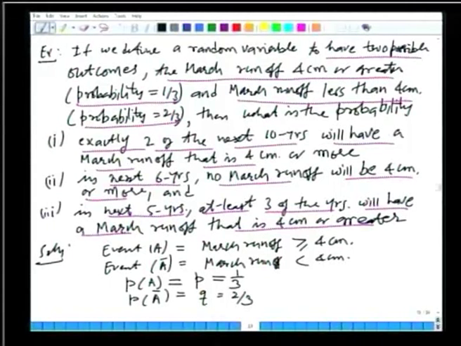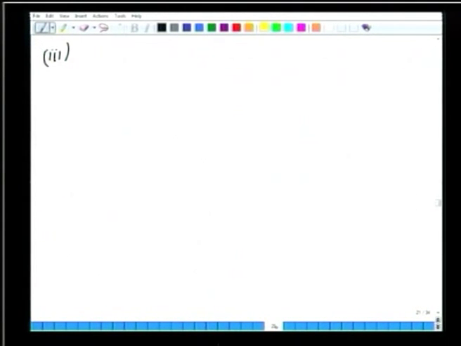So, what we will do is we will go to the basics and look at our what is called the law of total probability. Okay. All right. So, we have to find the probability of what? at least the event A occurring at least 3 times in 5 years. Okay.